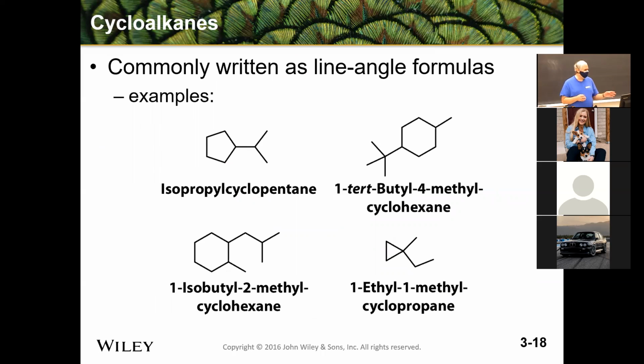I want to emphasize this: if a structure is not cyclic, don't use the prefix cyclo. I say that because that's a very common mistake. If it is cyclic, you do need to include the cyclo prefix. So these are examples of names of cyclic alkanes.